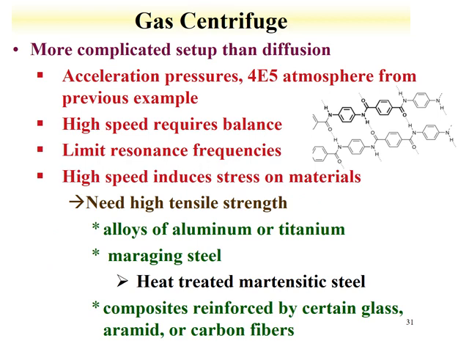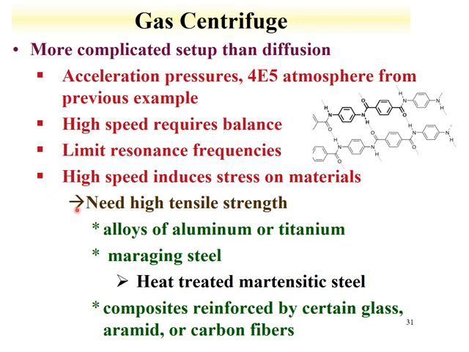While the gas centrifuge system has this high separation factor, it's much more complicated than the diffusion setup. This has to do with the moving parts involved in the centrifuge. You have large acceleration pressures, and the fact that these centrifuges are moving at high speeds requires finely balanced centrifuges. You also have to design them so resonance frequencies are limited, so when they begin to spin, vibrations do not occur.